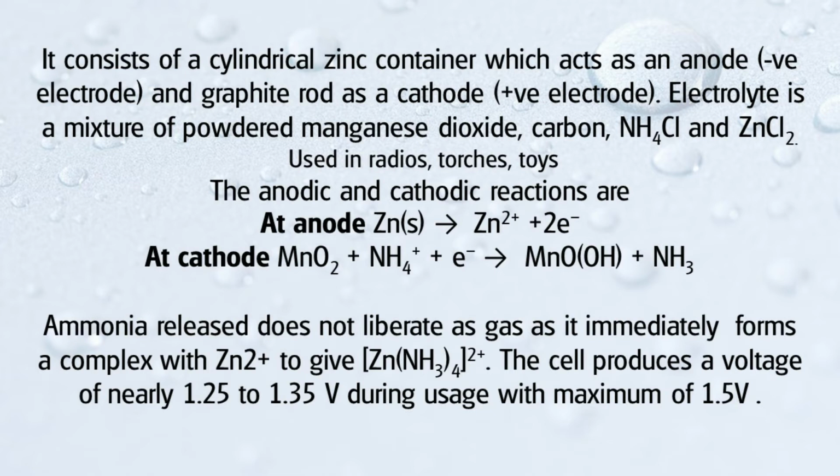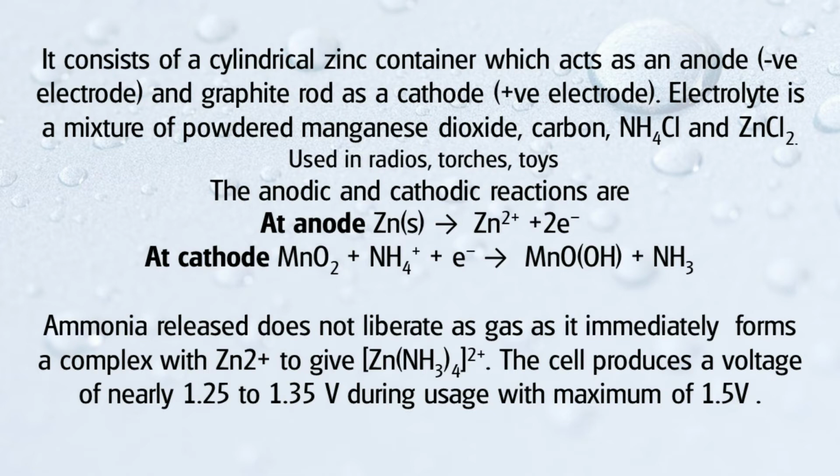The anodic and cathodic reactions are as follows. At anode, zinc is oxidized to Zn2+. At cathode, MnO2 is reduced to Mn in its +3 oxidation state in the presence of ammonium ion.